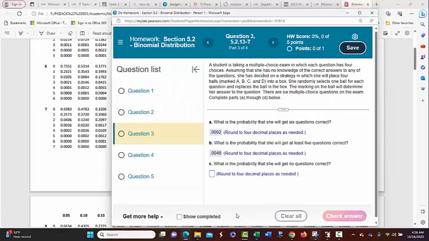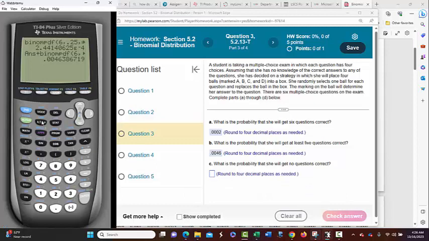No questions correct. All right, I'll just do a new binom. Well, it should keep some of the stuff in there.